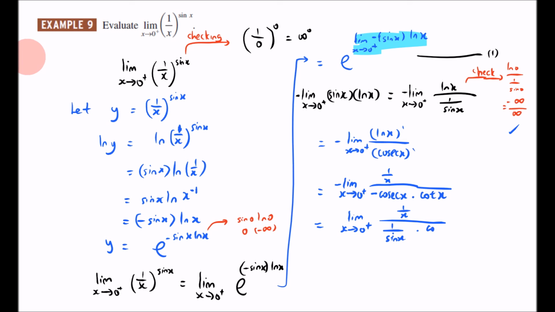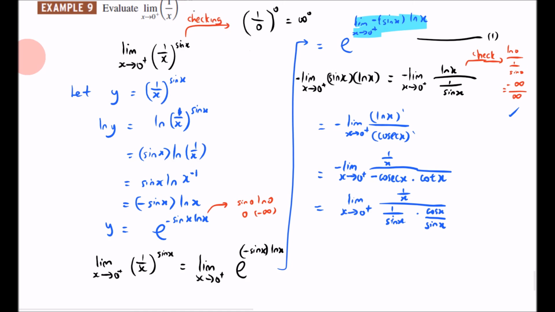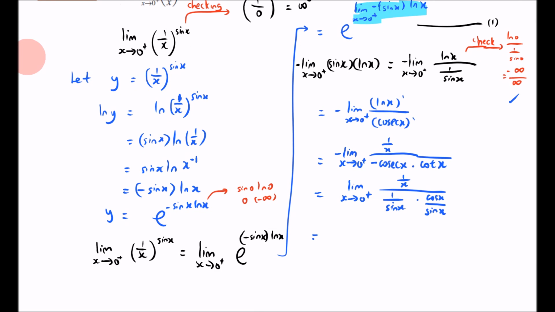Cotangent is cosine x over sine x. So we simplify, we get limit x approaches 0 plus, and then sine squared x, sine x over x, and sine x over cosine x. Right, you group these two together.